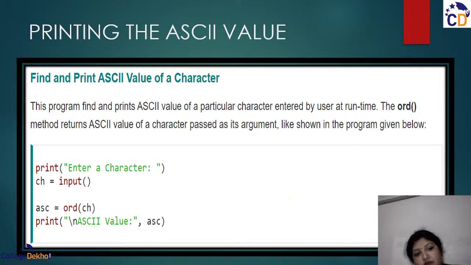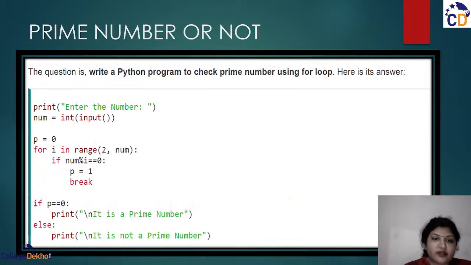Then in the next statement we write the message, ASCII value comma ASCII. This is how we are printing the ASCII value of any character, right? If I want to print the ASCII value of lowercase b, we can use the ORD function to get the value of any character.